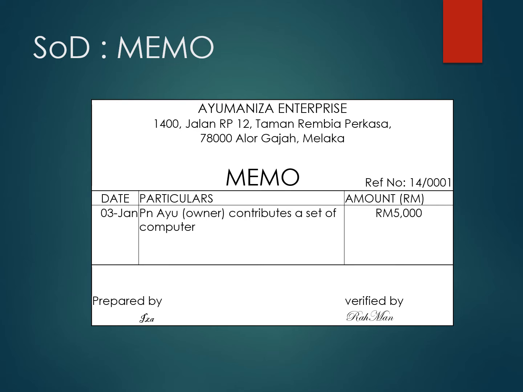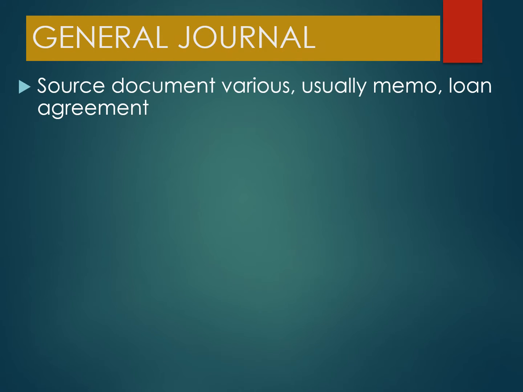So for the memo, contributions of non-current assets by the owner must be recorded in the general journal. So the record is in the general journal.